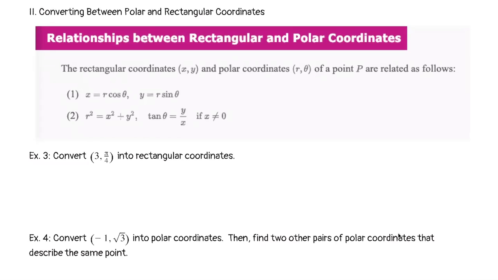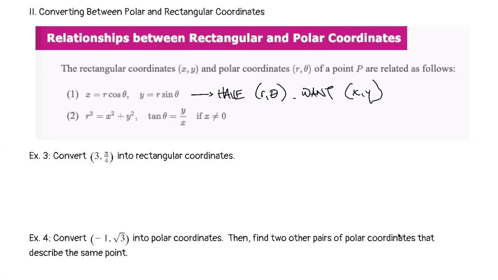So if you have r comma theta, and you want to convert it into x comma y, you use this one. Okay? So that's going to be like example 3.